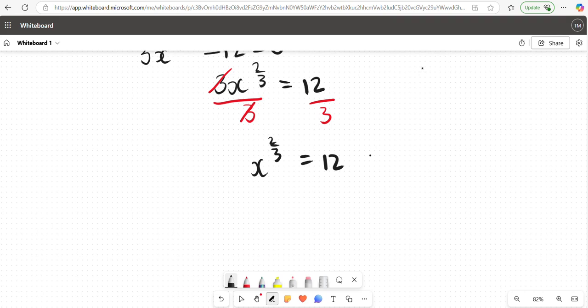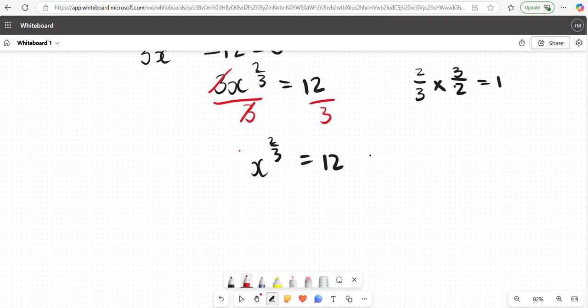I need to multiply by the reciprocal. So what is the reciprocal of 2 over 3? What multiplies 2 over 3 so that I end up getting 1 as my answer? The answer is that it has to be multiplied by 3 over 2. That's the only way I'd get a 1 there.